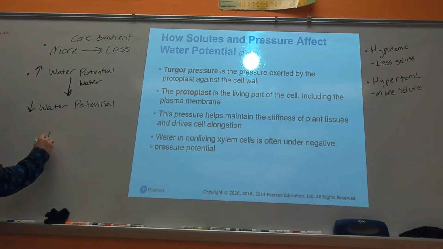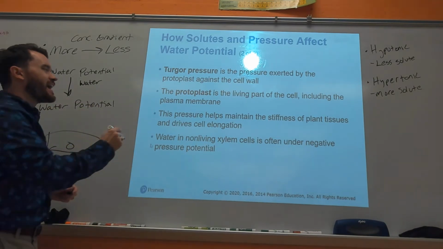If I draw my plant cell, here's your giant vacuole. The water is pushing. That expanded vacuole is going to push on the cell wall, and the cell wall pushes back, and that gives that plant some structure. So that's turgor pressure. The amount of pressure that cell would feel is the turgor pressure.